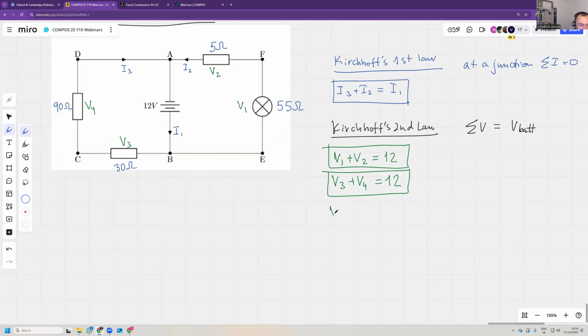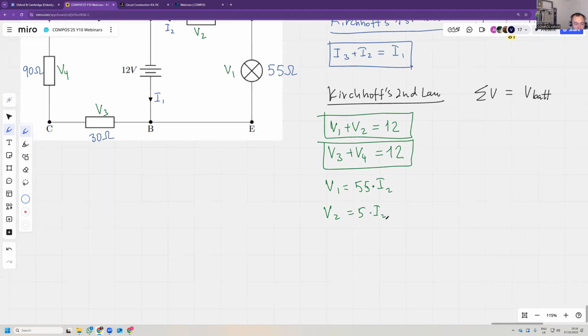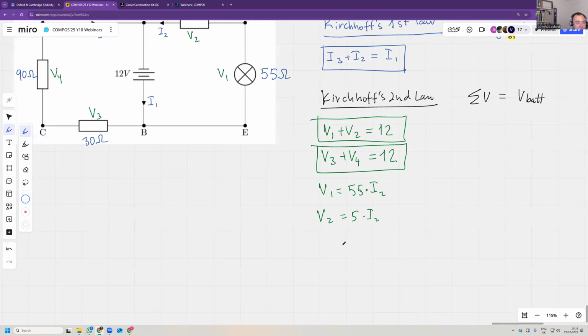Well, we can say that V1 is 55 times I2. V2 is 5 times I2, because current is voltage over resistance. Ooh, that's nice. So we've eliminated two unknowns, V1 and V2.